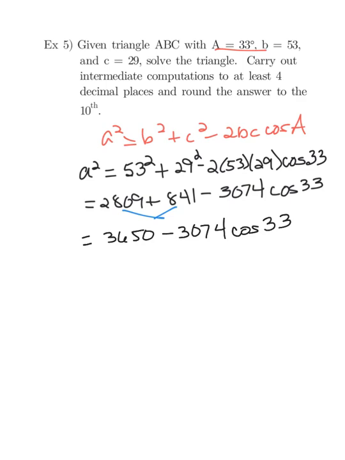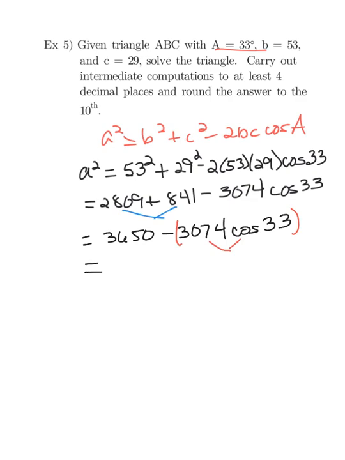We have to multiply before we subtract. So what you can do is when you're putting it in your calculator, put in the 3,650 minus, and then put this in a set of parentheses: 3,074 times the cosine of 33 in a set of parentheses.